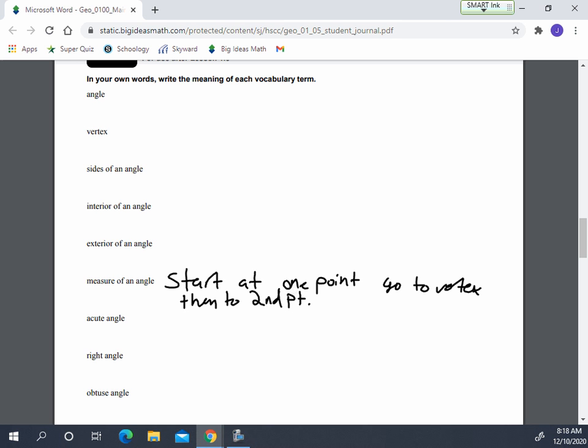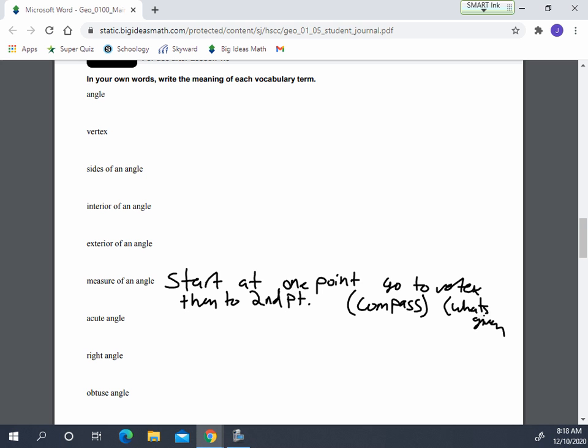And that's how we find the measure. We can find the measure with a compass or by what's given. And I'll go through some more examples of that in a little bit.